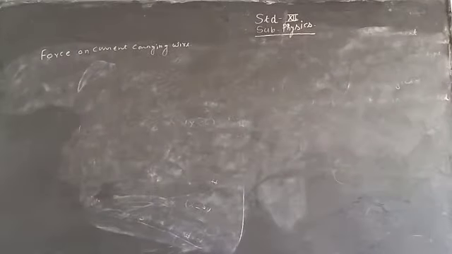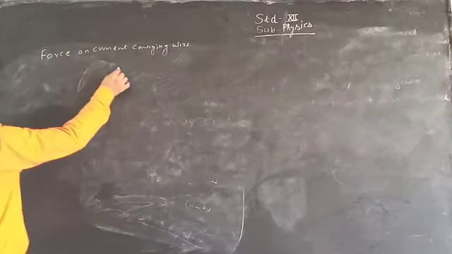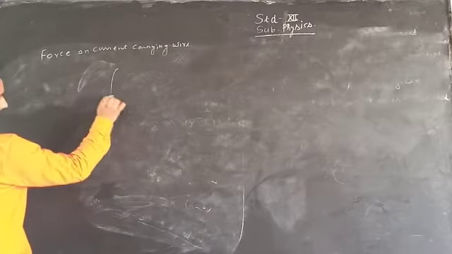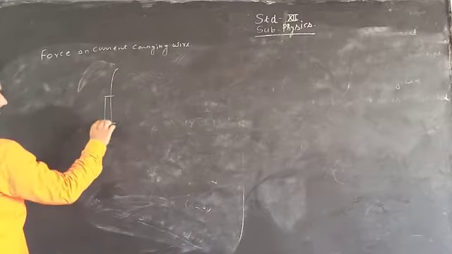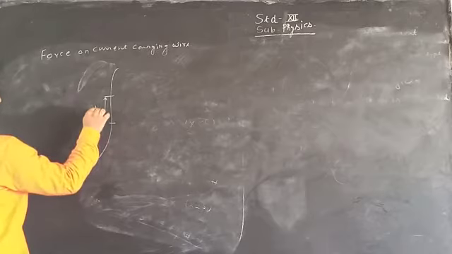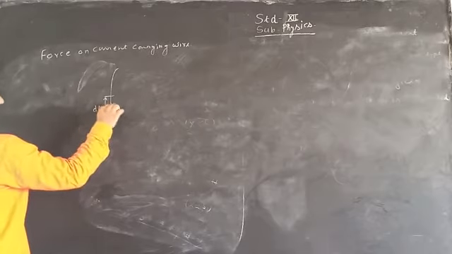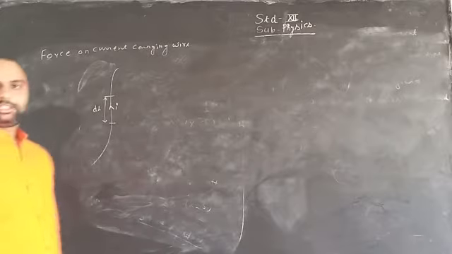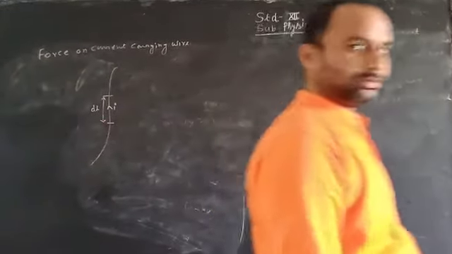So we have to take a simple wire and take the differential length, that is dl, and current I flowing in the wire.